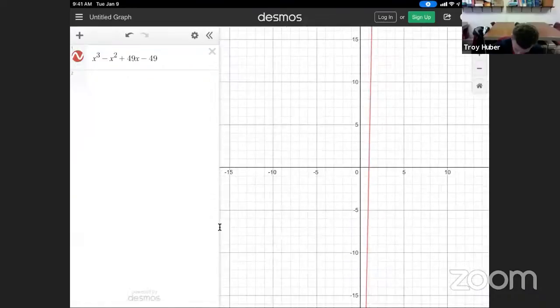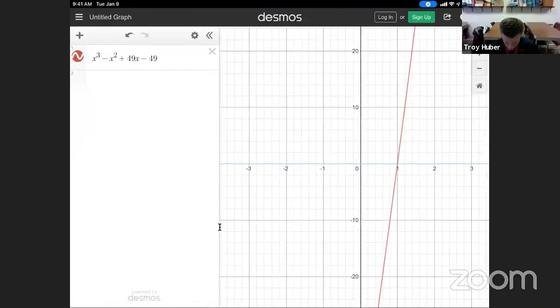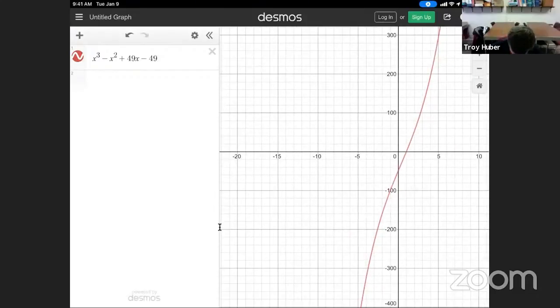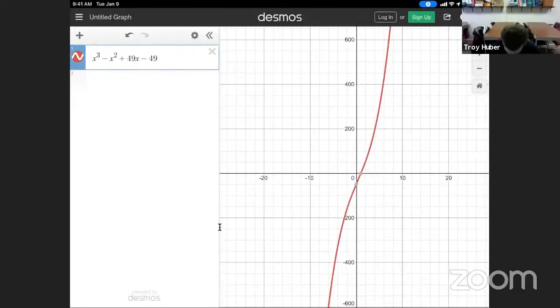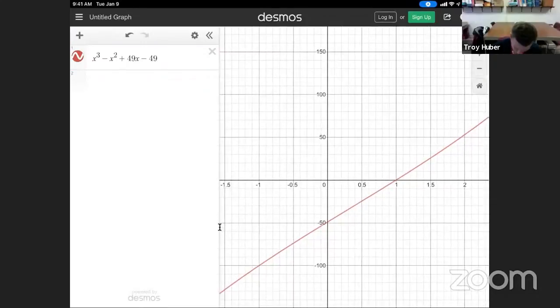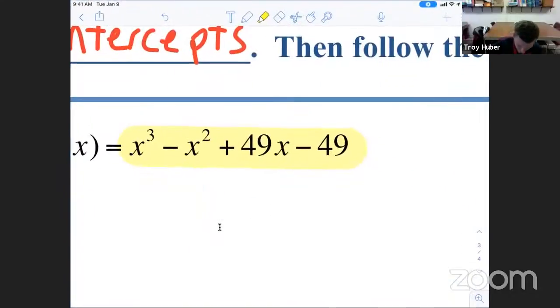Okay, now you can kind of change your window around a little bit so that you can see it a little better. But we are interested in this x-intercept. So we find an x-intercept. So we have x is 1. X equals 1.